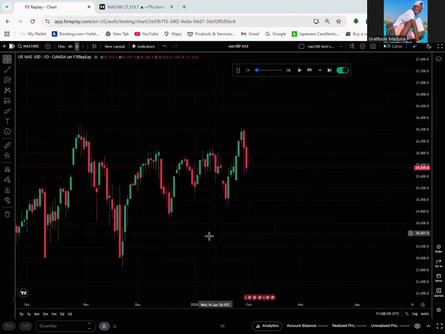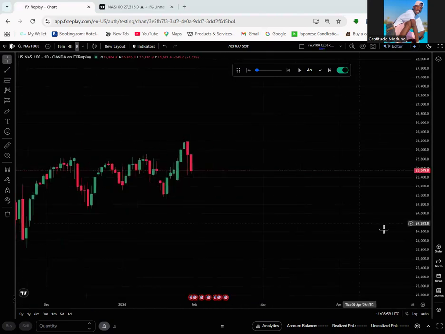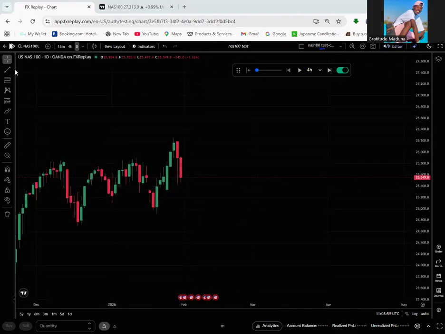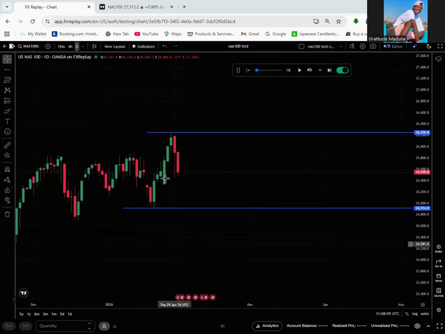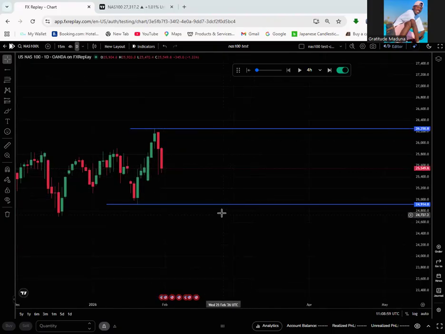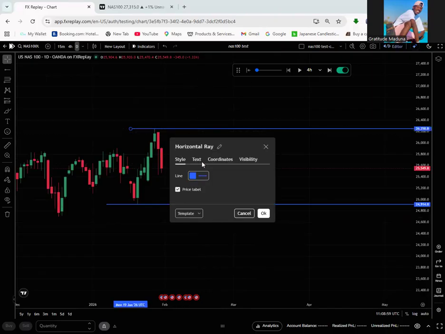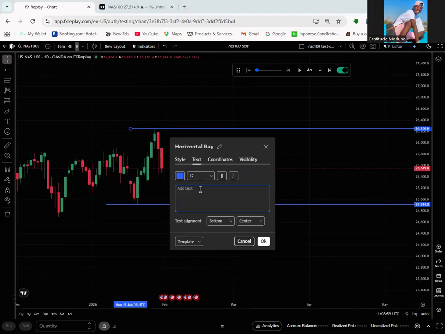So on the daily, remember, I want to mark my swing highs and swing lows, right? That's where most of the liquidity lies, especially in the range. So I have my highest point there and my lowest point here, and we're in the middle of the range. So both these zones for me are liquidity.